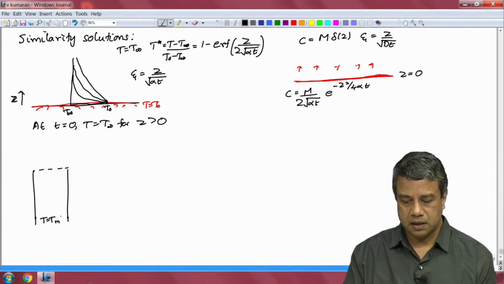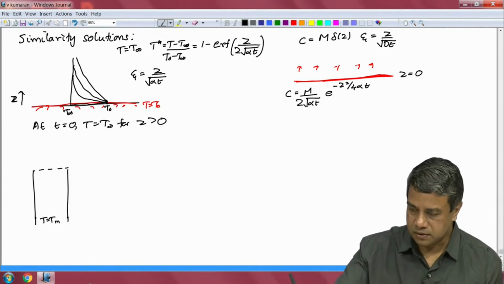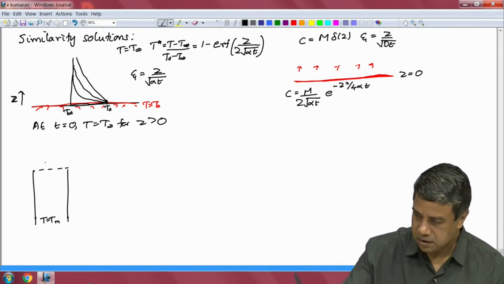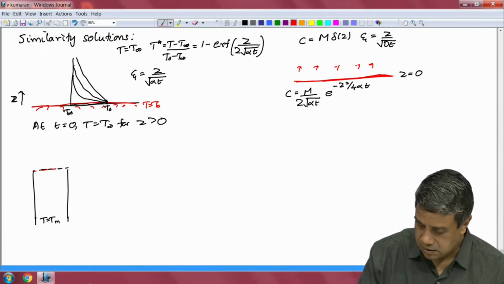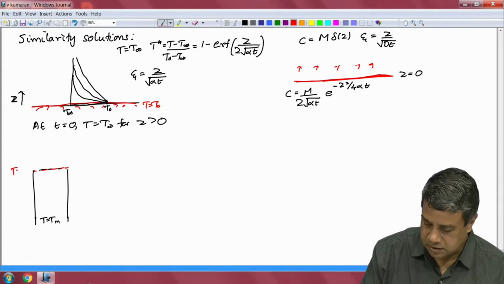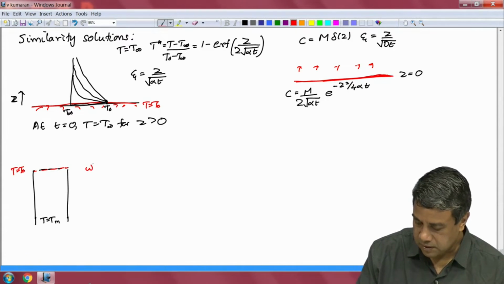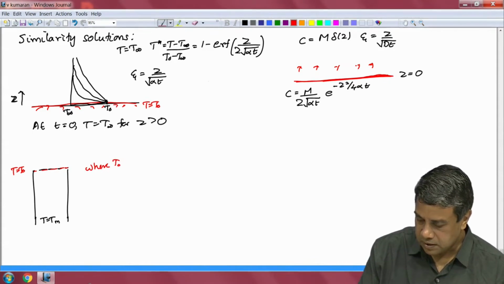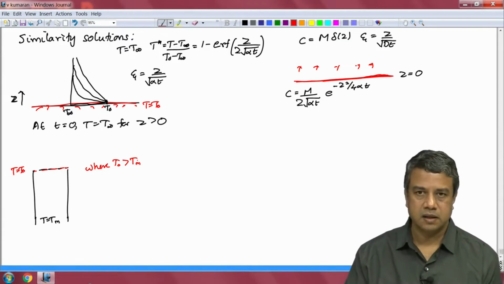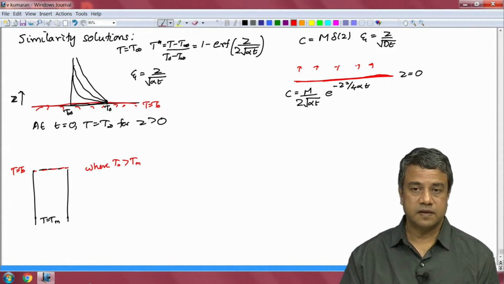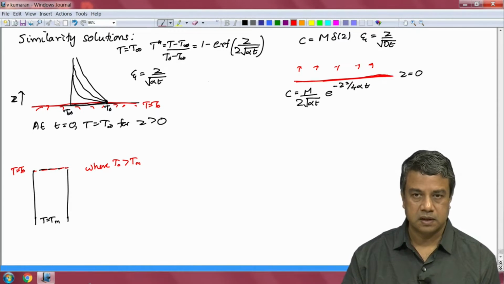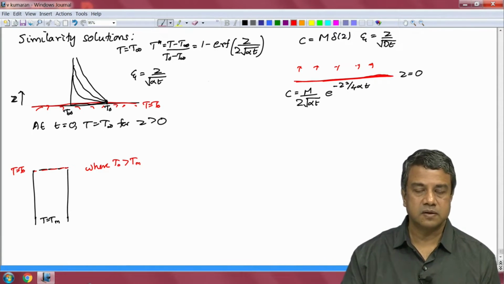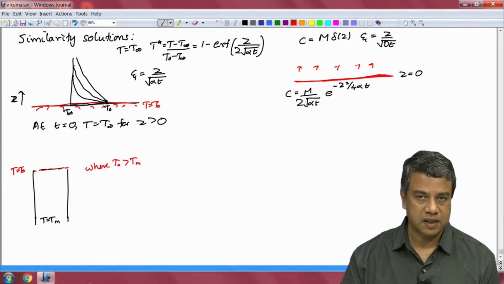And at time t equal to 0, you bring it into contact with a surface at higher temperature T equal to T naught, where T naught is greater than Tm. Since there is a temperature difference between the surface and the block, there is going to be heat transfer to the block, and that heat transferred is going to go into the latent heat of melting.